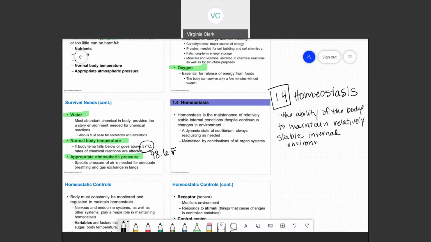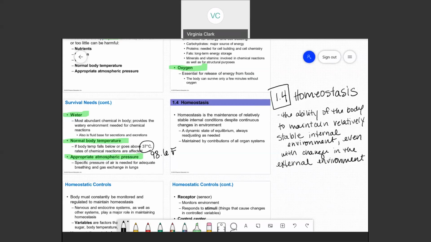So your body needs to be able to keep its internal environment at the same conditions or at the same level. But the thing about homeostasis is, yes, it needs to be able to do this, but this needs to happen even with changes in the external environment. So this is basically saying that if your environment outside your body changes, your body does not react with it.